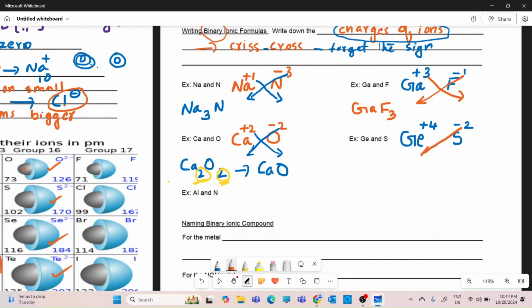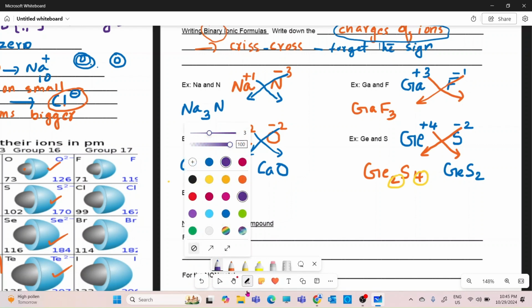Bring this number here and bring this one here. So you will get Ge2S4. But we have to check whether these numbers are reducible or not. Yes, they are. So I'm going to divide both numbers by 2. 2 by 2 is 1. 4 by 2 is 2. So the formula will be 1:2. That is GeS2.